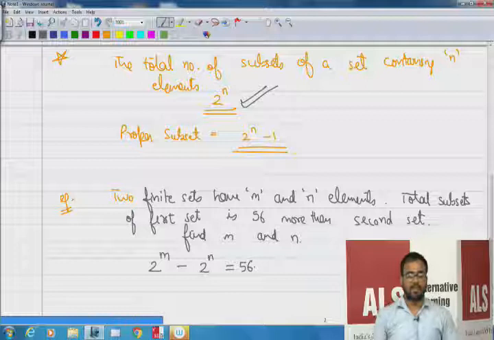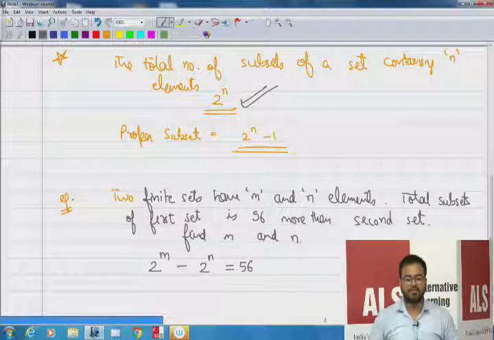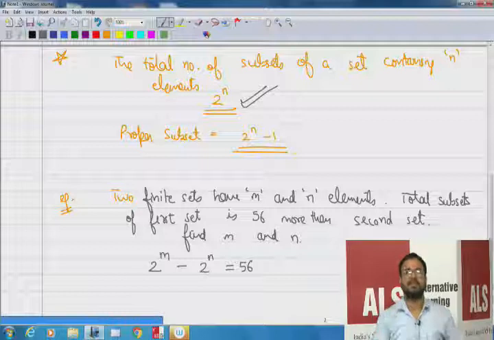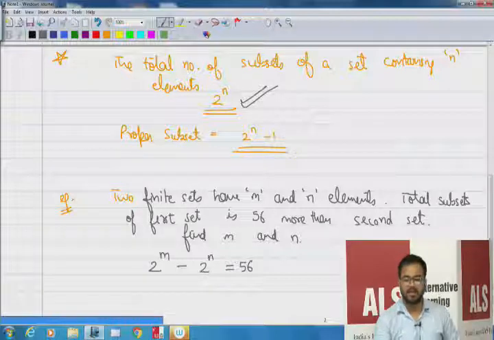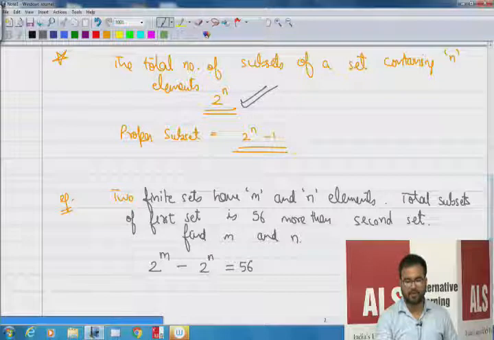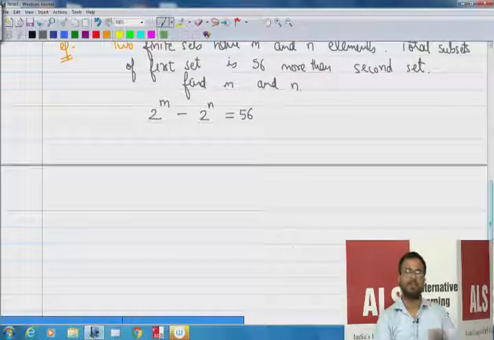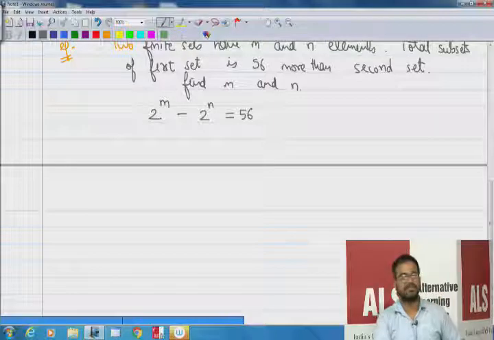This is the question. Now only this condition is given and we have to figure out the values of m and n. So you can see that only one equation is there. So we have to solve it by assumption, or you can say by the hit and trial method. Using hit and trial, you can think of two numbers which are powers of 2 whose difference is 56.